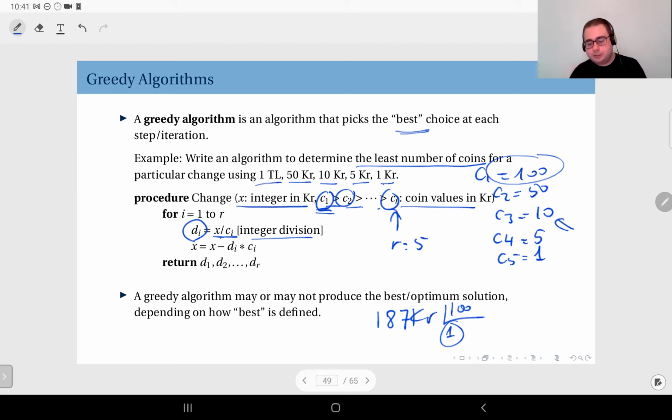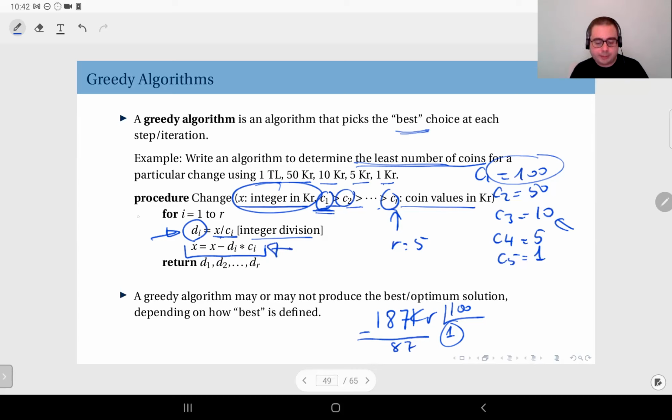So the greedy algorithm here starts from the highest denominator so that I can minimize the number of coins I use. So I decide on the number of coins I'm going to use for Ci, and then here I update the x value, x being the amount of change. Essentially, you are computing the remainder here, that is 87. In this example, it would be 87.